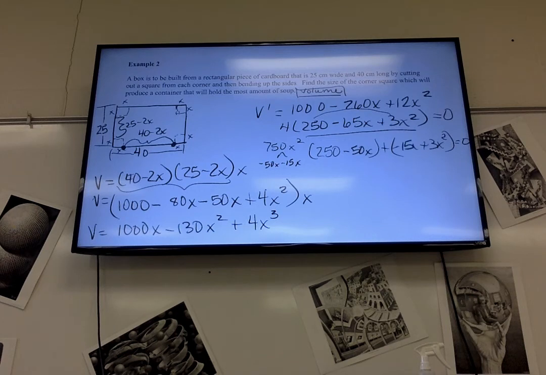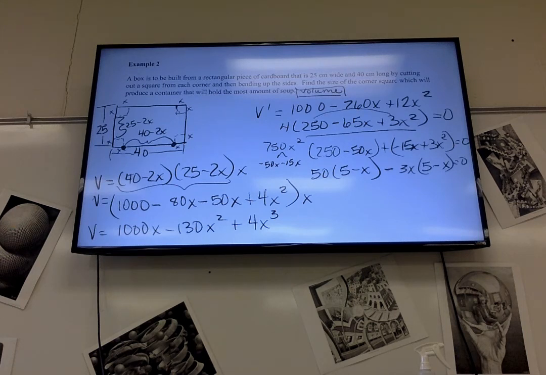Guys, you can do this. Okay, so I factor out 50, I get 5 minus x, and factor out a negative 3x, I get positive 5 minus x.